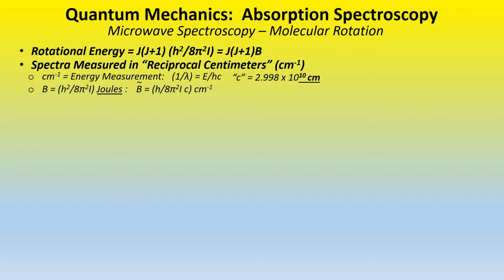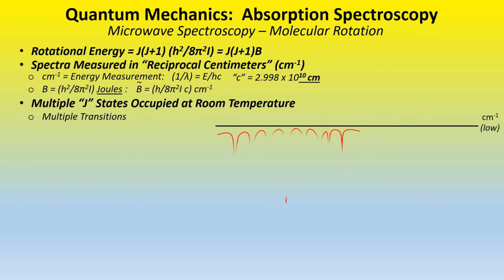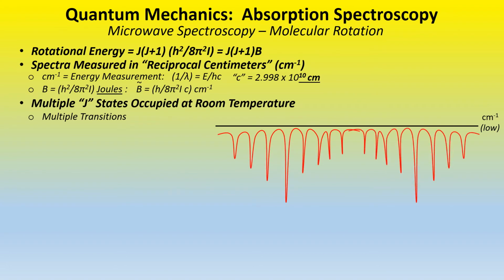Another unique characteristic of rotational spectroscopy is that multiple rotational states are occupied at room temperature. This leads to multiple allowed transitions. The peak intensity for any given transition is proportional to the population of that state.